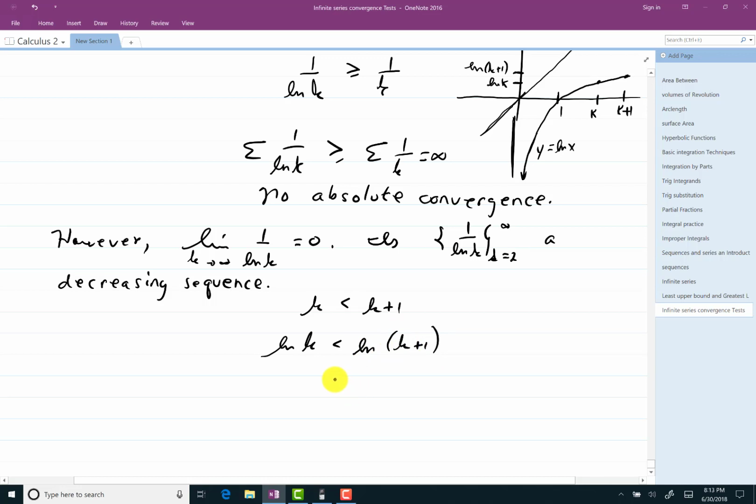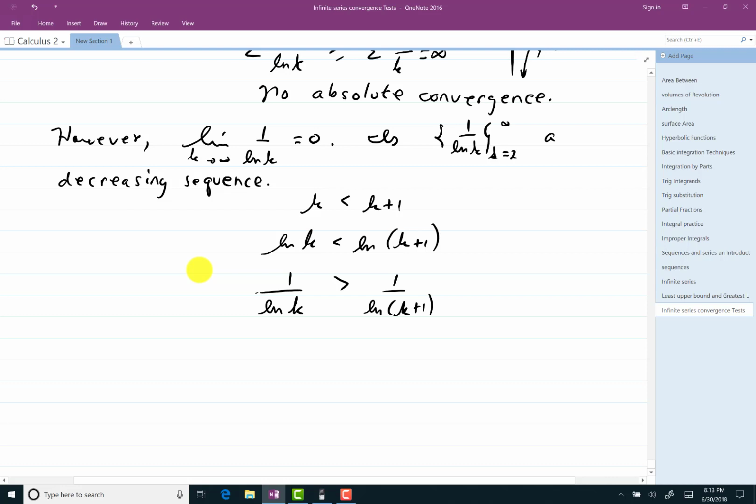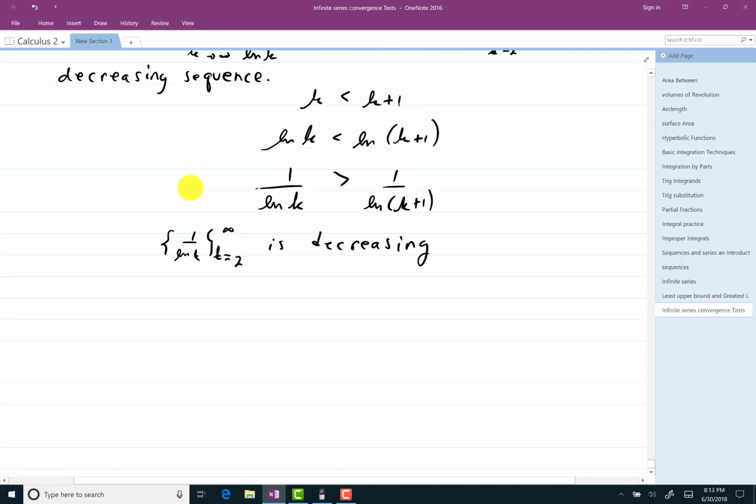Well, then I can flip it when I do 1 over, and the sequence is decreasing. So it's going to 0 and decreasing, but with no absolute convergence, so we can describe this as having conditional convergence.